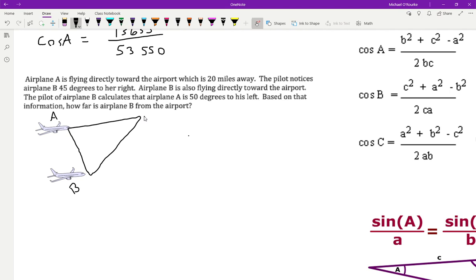So this person here, airplane A, looks out 45 degrees this way. He's also 20 miles away. This person here sees out 50. And we're looking for this side here. Okay? Let's call this D for distance.